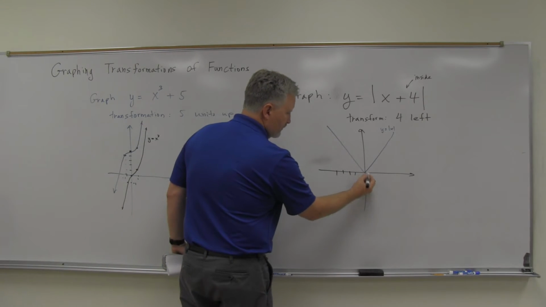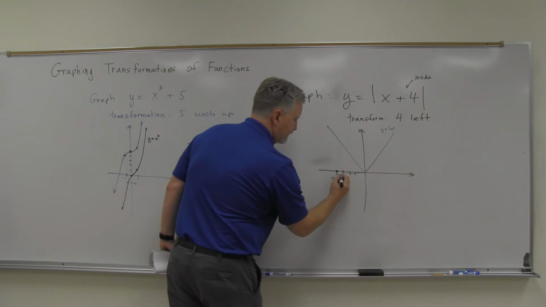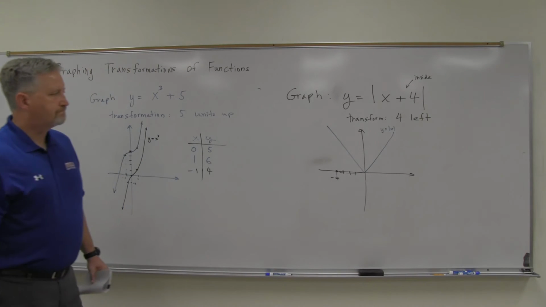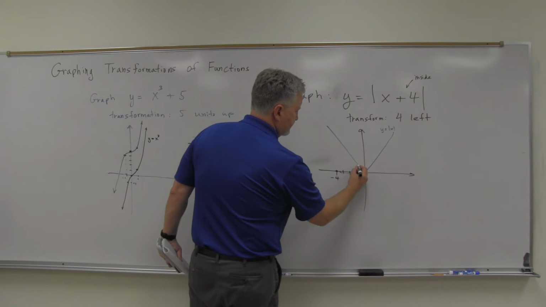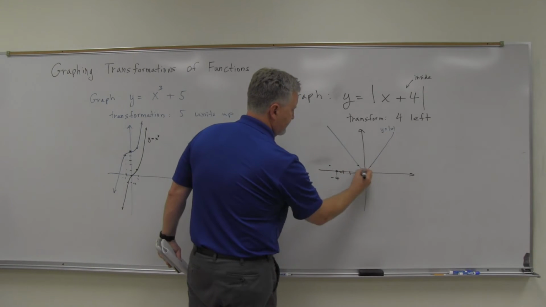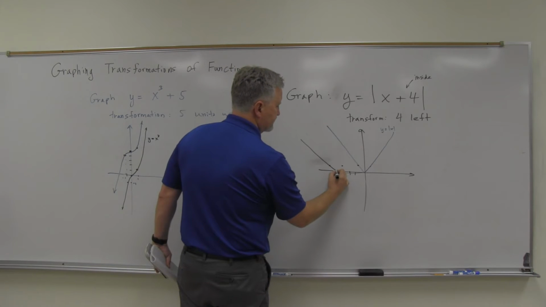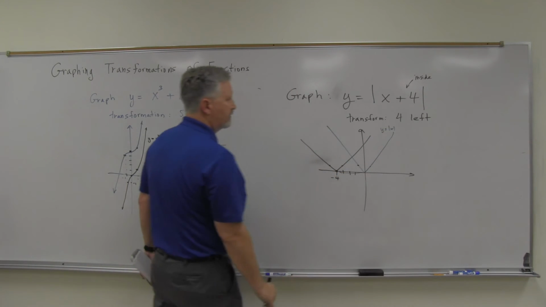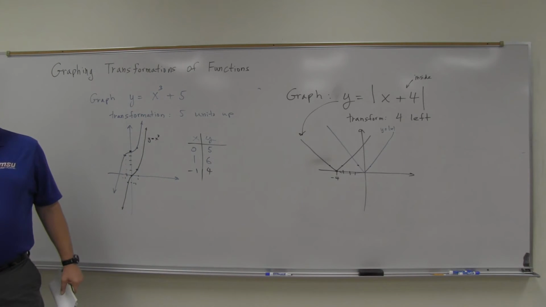Now this corner, vertex, whatever you want to call it, is now here at -4, isn't it? Because everything's back here 4 units. Then this point would be here, this point would be here. That gives me 3 points. So this graph is the V shape, but 4 units to the left. Yes?